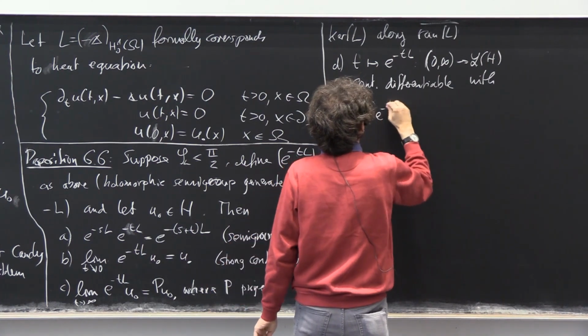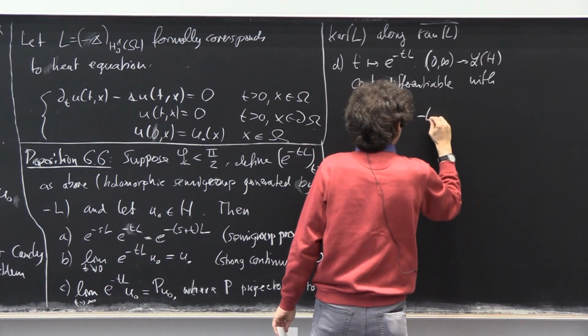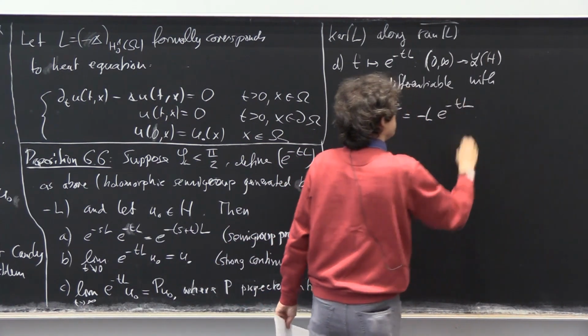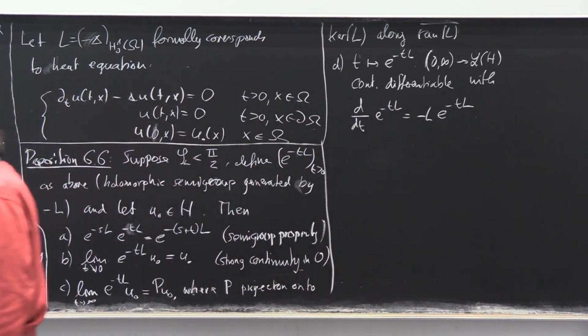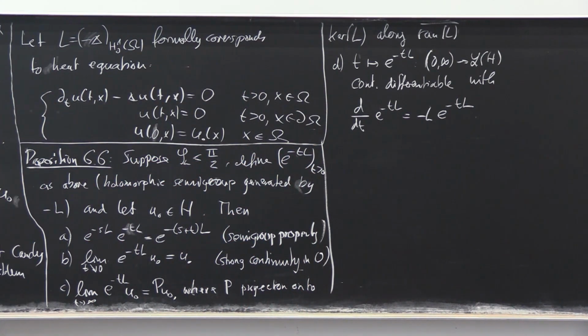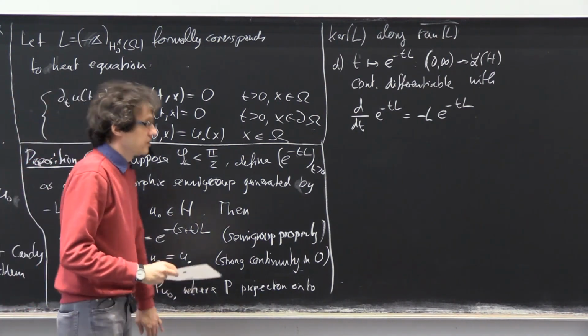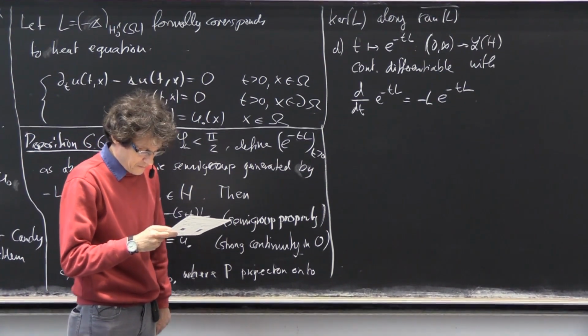So the derivative of e to the minus tL is minus L e to the minus tL. And this also means this function e to the minus tL u_0 solves the abstract Cauchy problem.